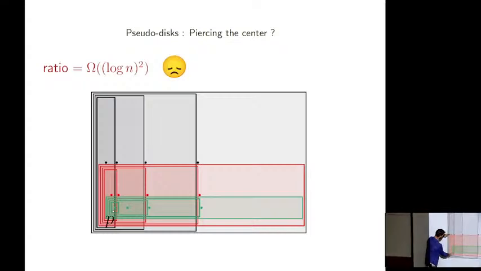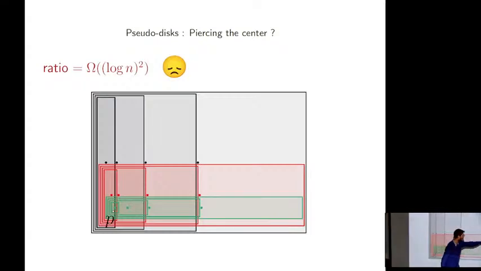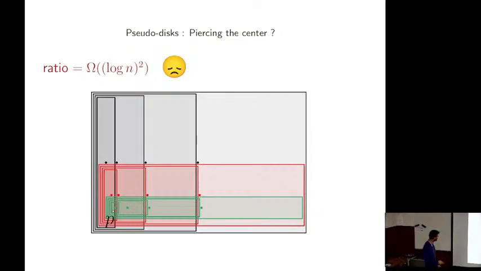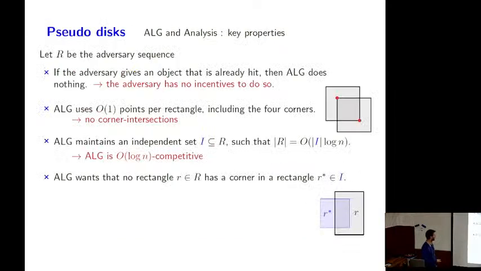And then we go to a next layer where we start again with the red one. So we avoid all these points, and again we pierce all the centers. And like this we can make log n layers of log n points, which makes log squared n points. And there is one point that touches everyone. So the optimal solution is only one.